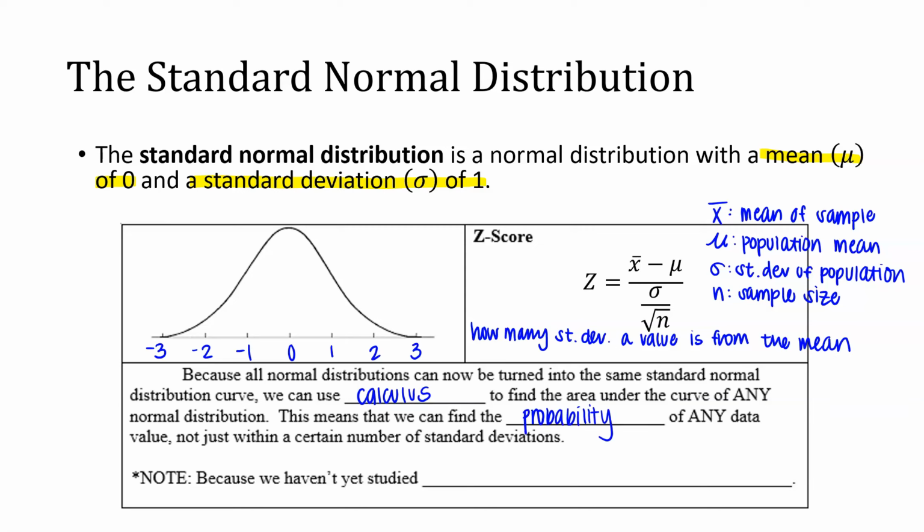This means that we would be able to answer all of the questions from last class with our ACT example. For example, we would be able to answer the exact percentage of students that scored below 16. We would be able to know if Calvin was within the top 1% of student applicants. However, let's note, because we haven't yet studied calculus, we will need to use a table.